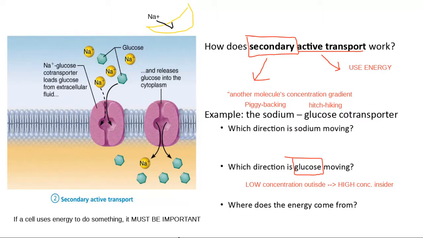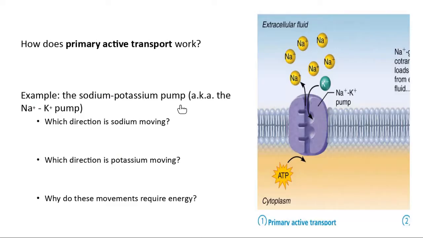When we talk about the sodium-potassium pump, where sodium goes outside and potassium comes in, what did we say was the reason that a cell uses energy to do this? Why is a cell willing to spend ATP to pump sodium out and bring potassium in?